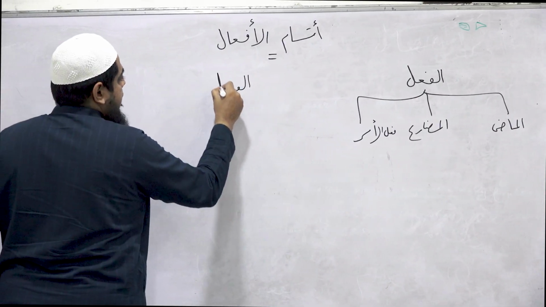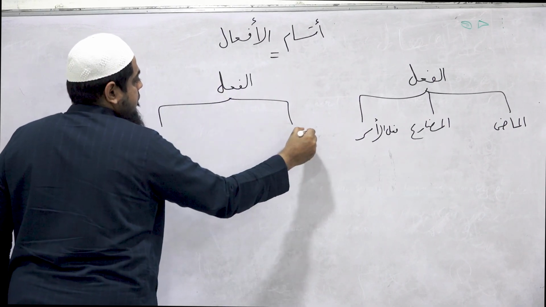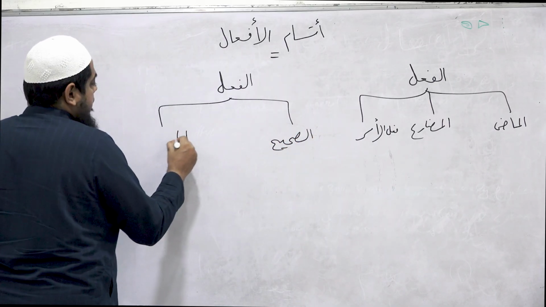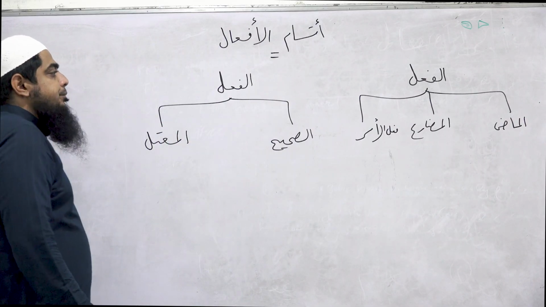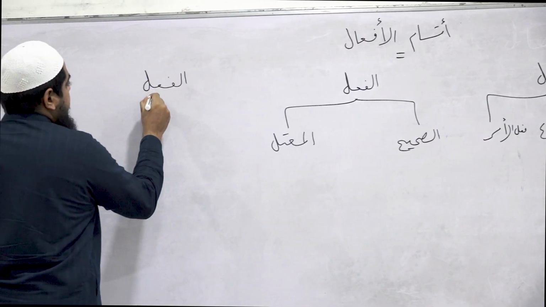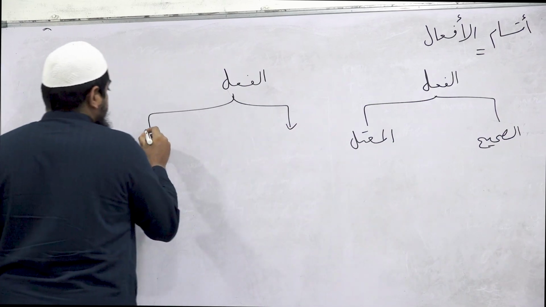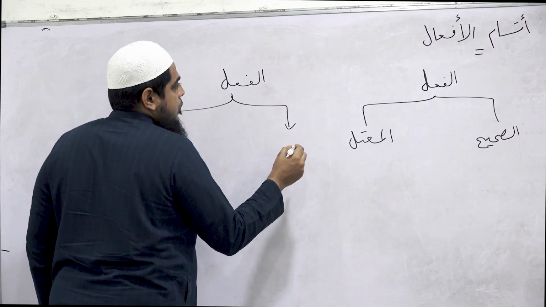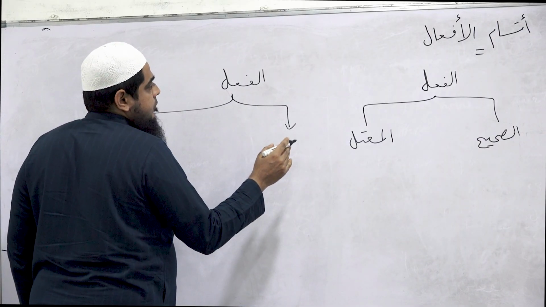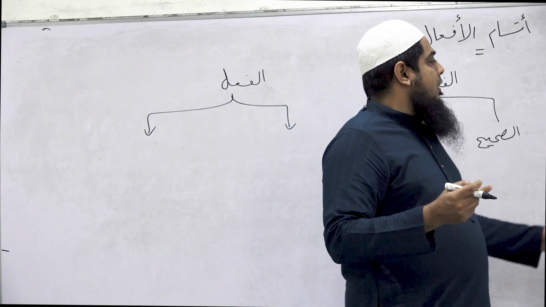Then we have seen al-fi'l can be classified into 2: Al-Sahih, Al-Mu'tal. And we have seen also fi'l can be classified into what? What else we have seen? Al-Nawaqis, Al-Jawazim, everything will come under Al-Mudari'.